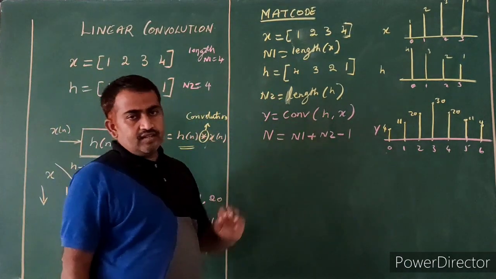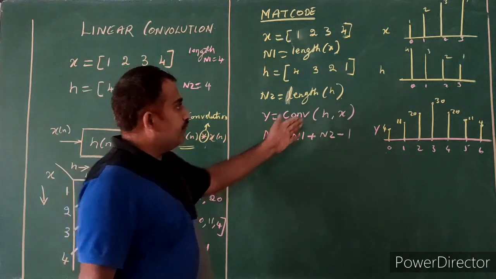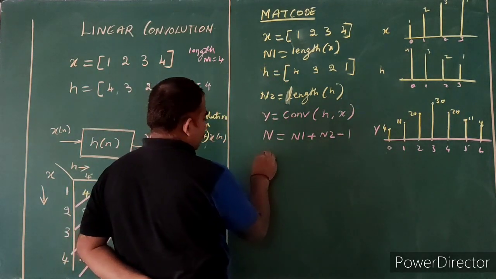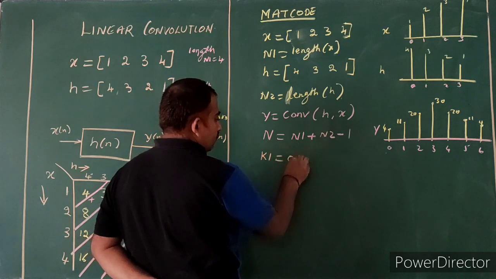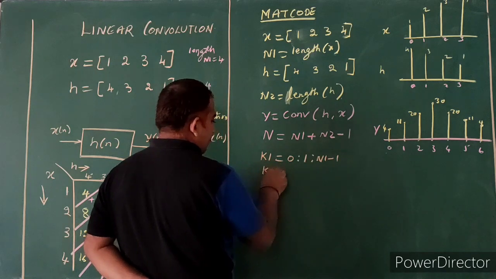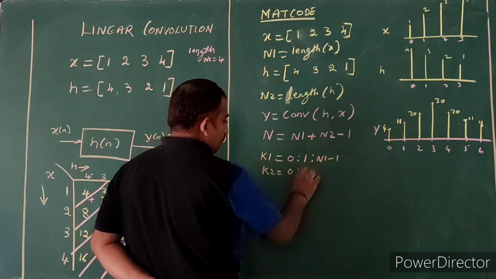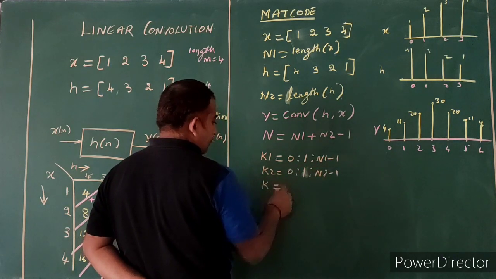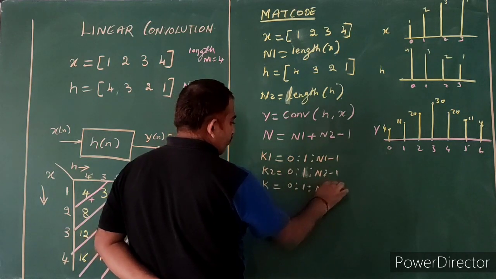now since 3 figures are there, we have to plot the graph. Now we have to take 3 indices that we have there. So index for k1 is 0, colon, 1, colon, n1 minus 1; k2, 0, colon, 1, colon, n2 minus 1; k is for 0, colon, 1, colon, n minus 1.